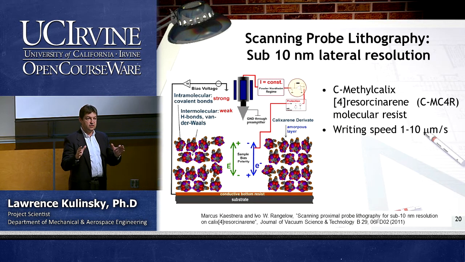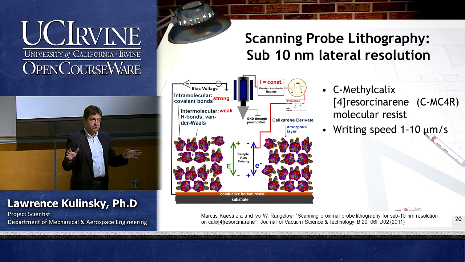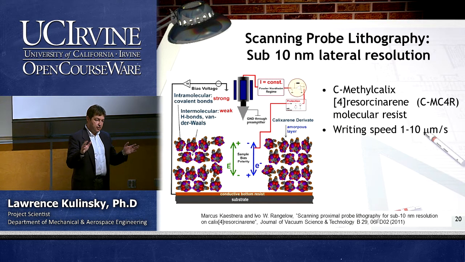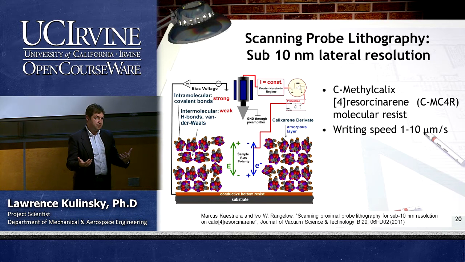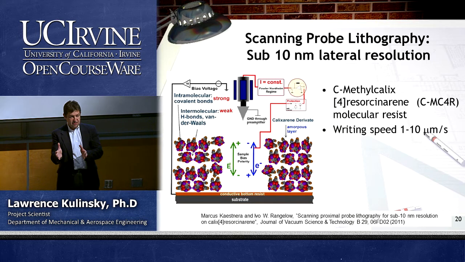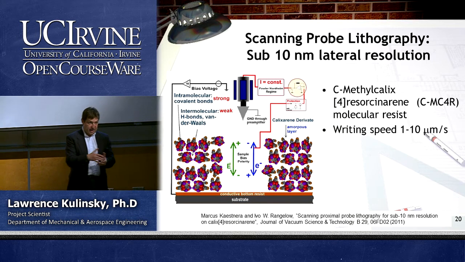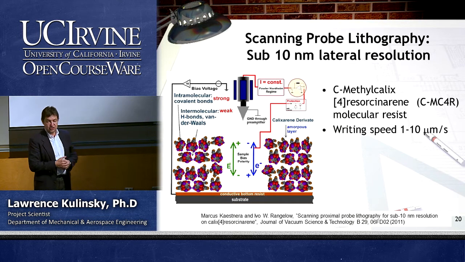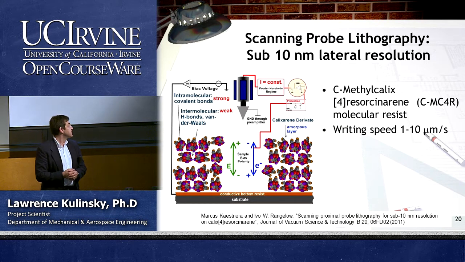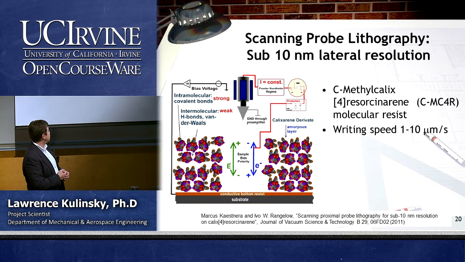At this point, we discussed that our resolution depends on the sharpness of the tip. Our resolution also depends on the fidelity of the stage that we have, the piezoelectric stage. It's also very important what kind of resist you use. People are working with all kinds of different resists.